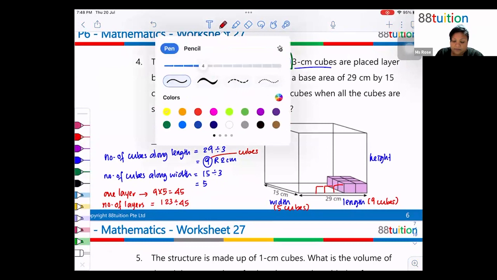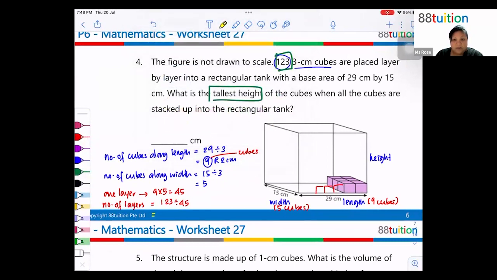To give me 2 remainder 33. Right, remainder 33. Okay, so that means there are 2 layers. With 2 layers, it is 6 cm because each layer is 3 cm.